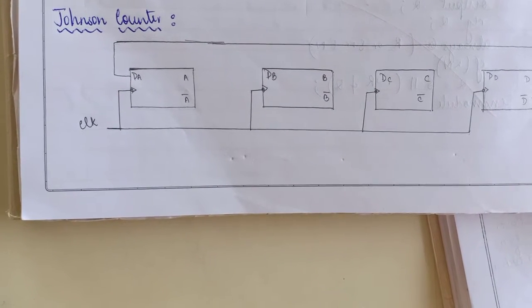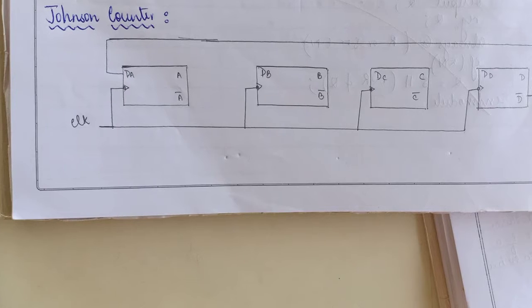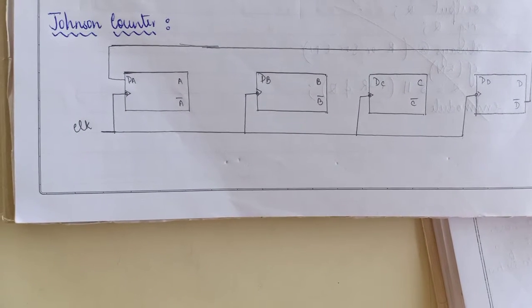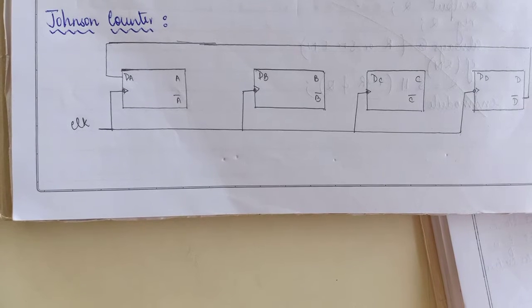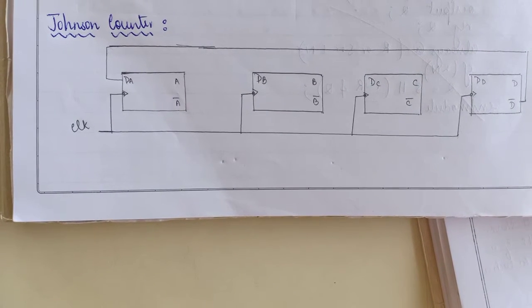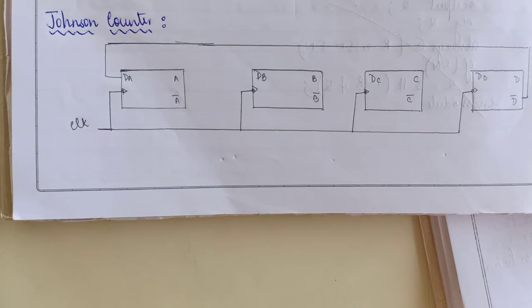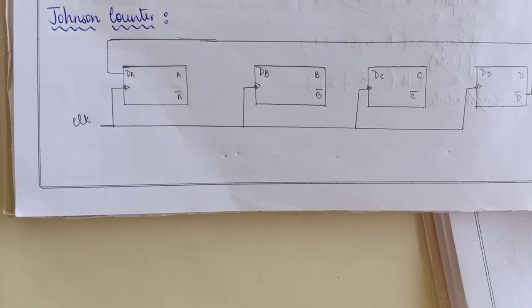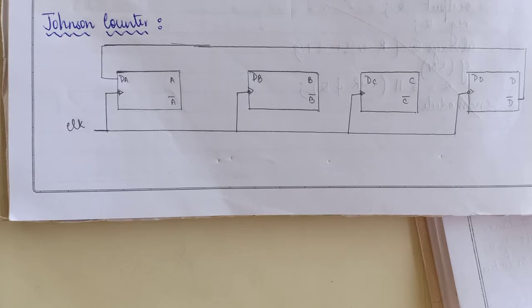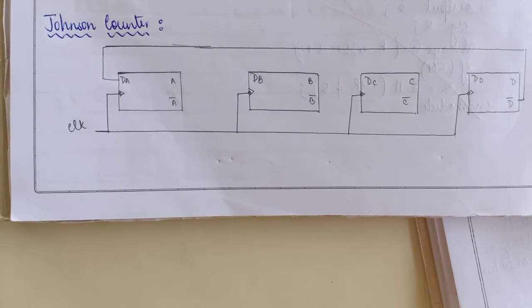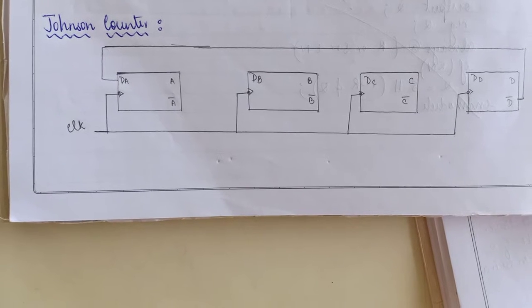This is the circuit diagram for the Johnson's counter for 4 D flip-flops. The complemented output of the last flip-flop is fed back as an input to the first flip-flop. So here in the Johnson's counter, D bar is fed back as a DA.